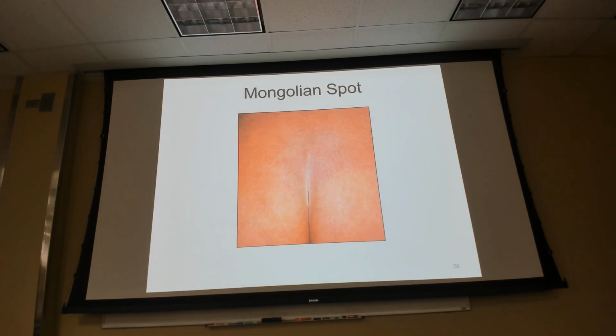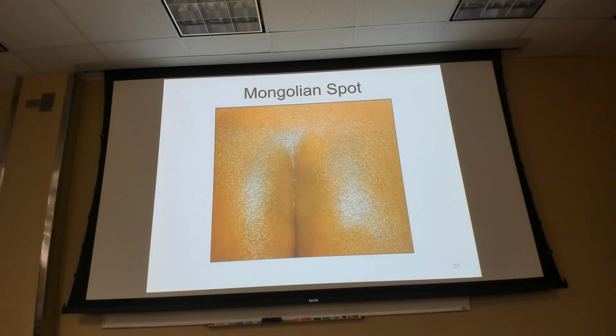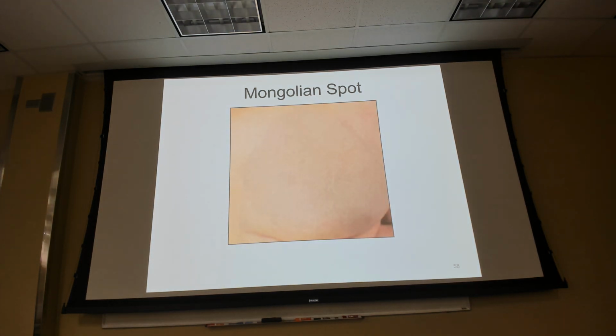It's what they look like there. It's right over the sacral area, so it's over the spinal area. Blue to black is what's seen. Again, did you get spanked? Not with a belt, but you got like a brick or thrown at the wall or something? Like, what happened?